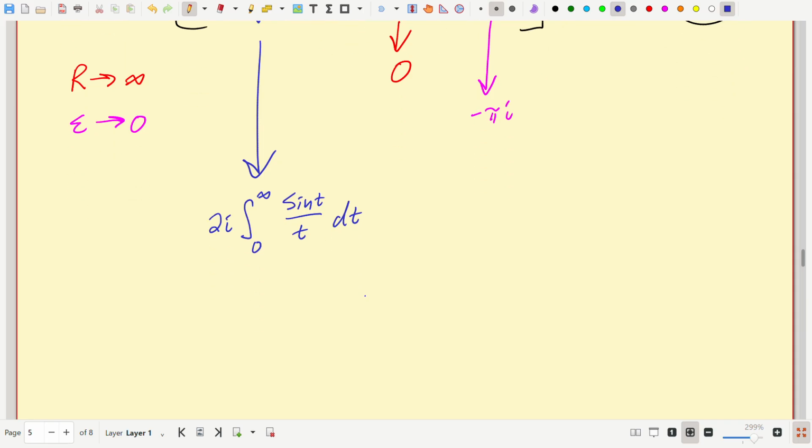And so finally, I put the minus pi i on the other side, cancel the 2, cancel the i's, and I get the integral from 0 to infinity, sine t over t, dt is pi over 2.